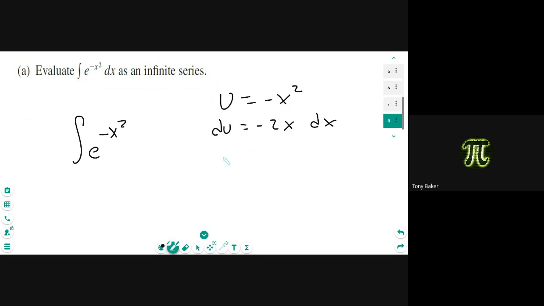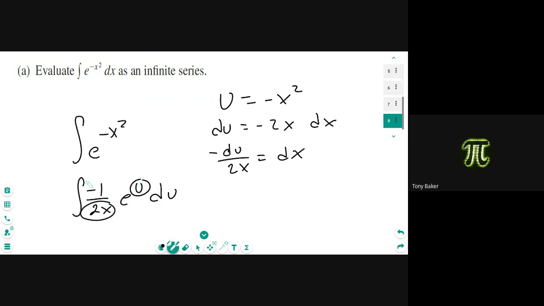So if I move this over here, I get negative du over 2x equals dx, right? Okay. But now this is what I would have: negative 1 over 2x e to the u du. So I have a u and an x in my problem.